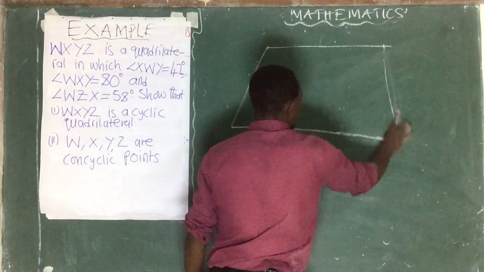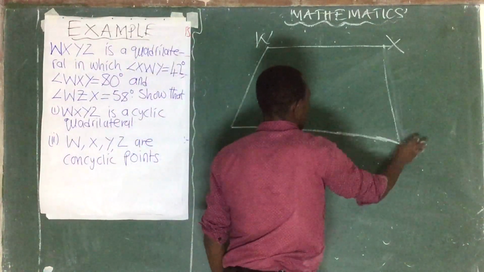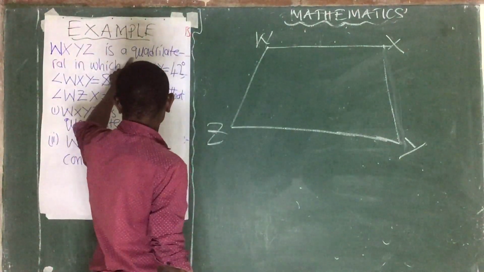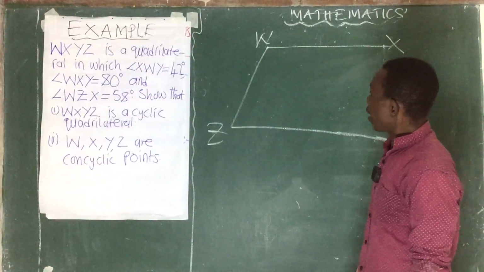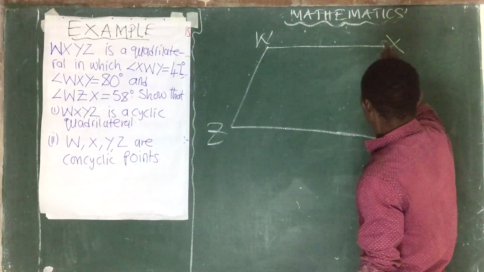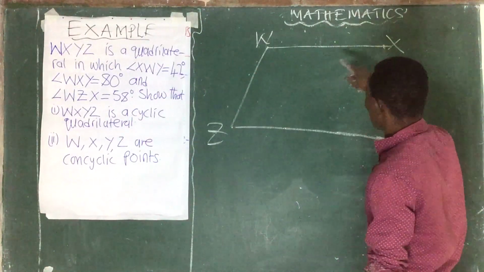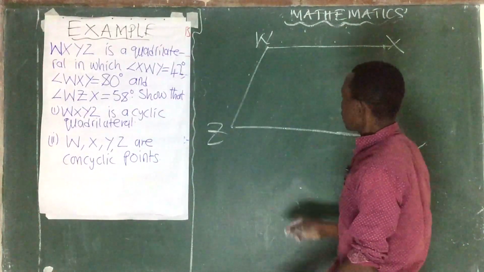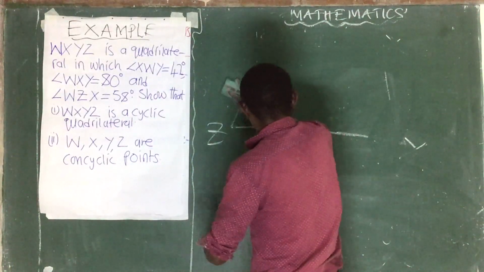Then they tell me that W, X, Y, Z is a quadrilateral in which angle XWY, of course it looks as if it is obtuse. Sorry, it's an acute angle, but we can still twist it so that we really show that it is acute.